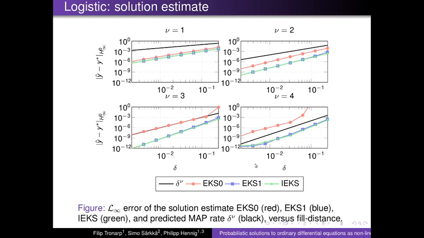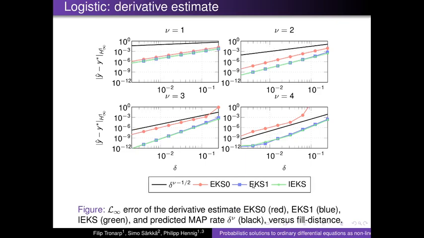I'm not plotting the iterated extended Kalman filter because it should be somewhere between IEKS and EKS1. But we at least see that our convergence rate for the IEKS seems to be correct, but it also seems to hold for all of the other methods as well, though there might be some offsets for particularly the zeroth order method.